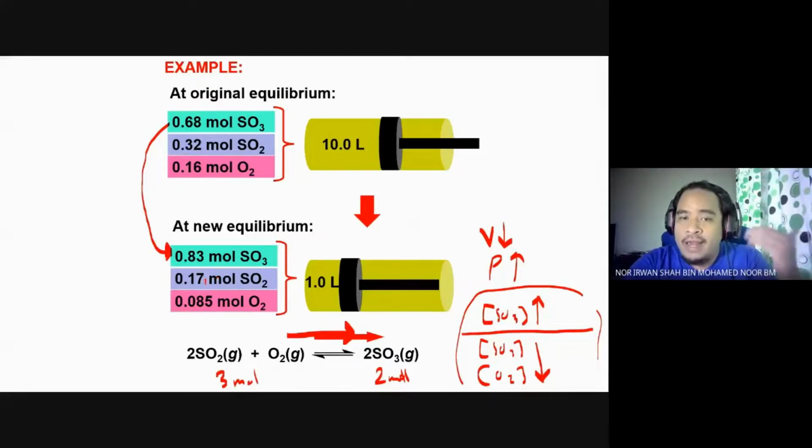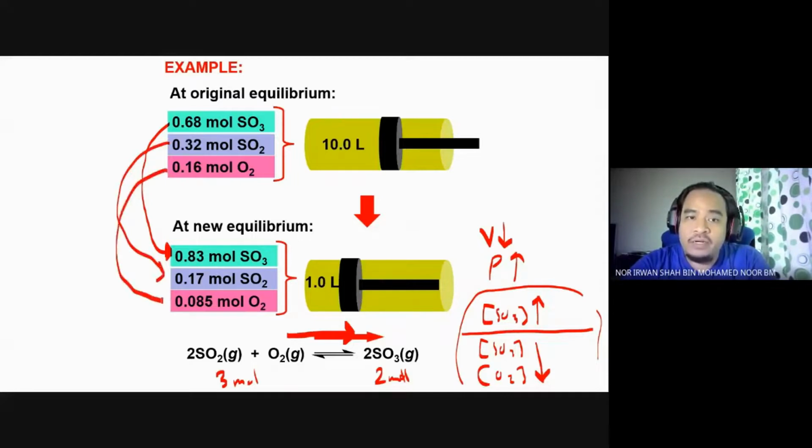Because the system needs to reduce SO2, and not just SO2. The system also reduces the amount of O2, oxygen gas, from 0.16 to 0.085 moles, class.